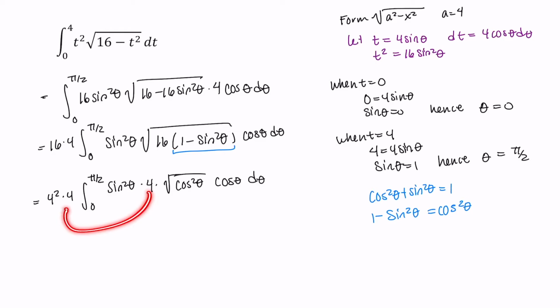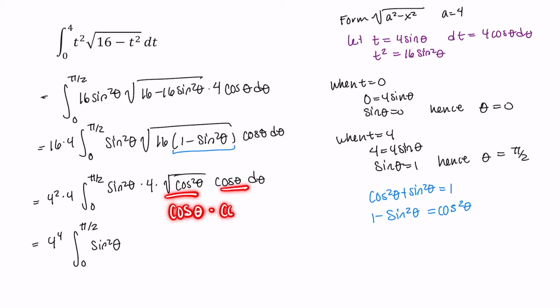Now this 4 can just come out to the front, and I'm going to have 4 copies of 4, so I'll have 4 to the 4th power out front times the integral from 0 to pi over 2 of sine squared theta. Now this cosine squared theta in the root is just going to be cosine theta, so I'll be able to rewrite all of this as cosine squared theta. So that's sine squared theta times cosine squared theta d theta.